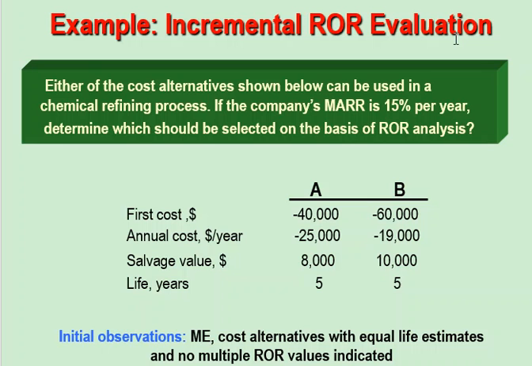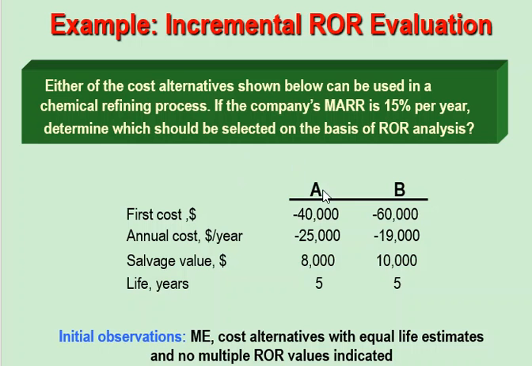Incremental rate of return evaluation. From the beginning, those are considered mutually exclusive, given. Once they tell me mutually exclusive, and they are looking for rate of return, and because there are multiple projects, not only A or only B, I have to use incremental rate of return.